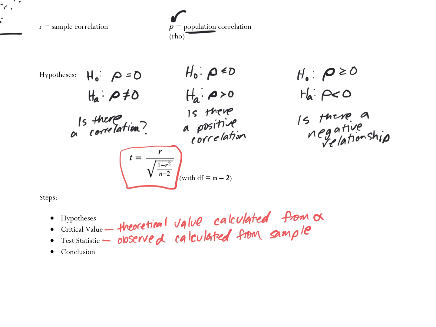Everybody good? All right, and when we make that critical value, essentially we create a rejection region. So we make our conclusion based on whether our test statistic is in the rejection region or not. Is this feeling familiar?